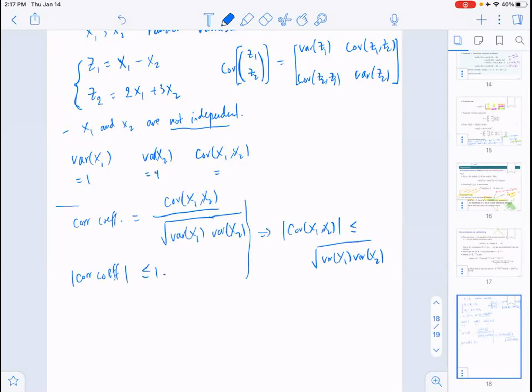So let's say I make this 2. Actually, let me do it. This is 1, and I'll make this one 4. Then the covariance can be at most 2. So I can assume it to be, let's say, -1. So this is good to remember: there is an upper bound on the absolute value of the covariance.